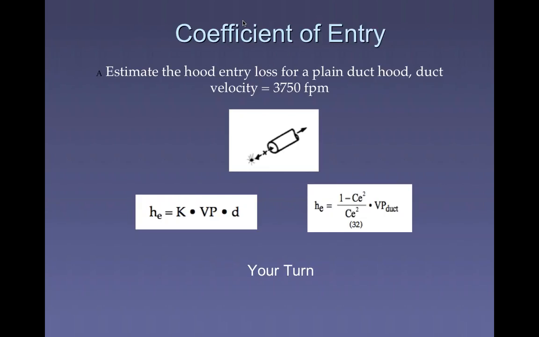Now you could use the formula: V is equal to 4,005 times the square root of VP. You could do that if you have your phone or a calculator handy. So what's the velocity pressure? 0.88 is the velocity pressure.